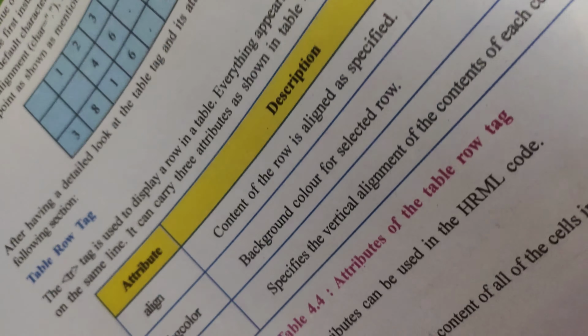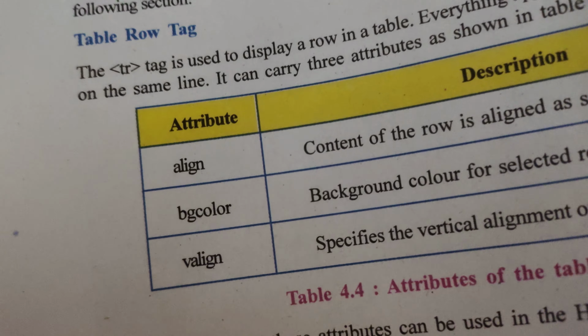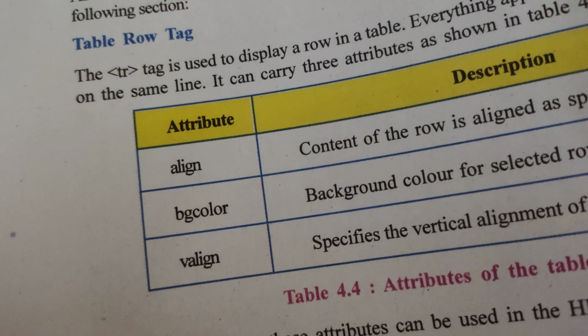Table row tag. This is given for a specified table column or row. If you want to specify any BG color, meaning any background color, for a single row or single column, then the table row tag TR is used, and then bgcolor. If you want a single row or single column from any different element, left or right, then you give TR and then the element. The same is for valign, which specifies the vertical alignment of the content of each cell.